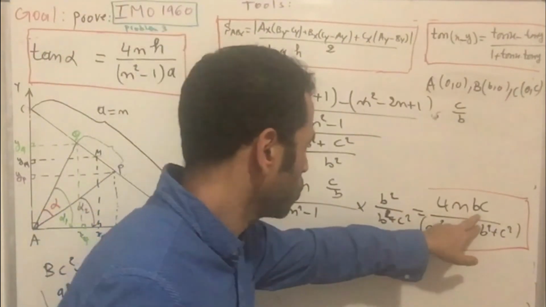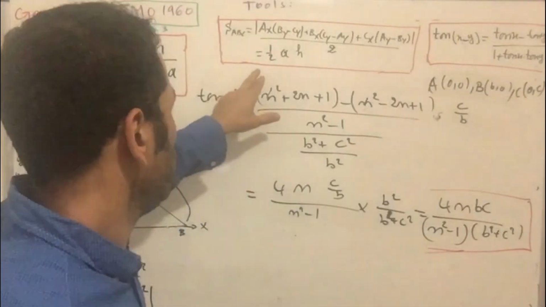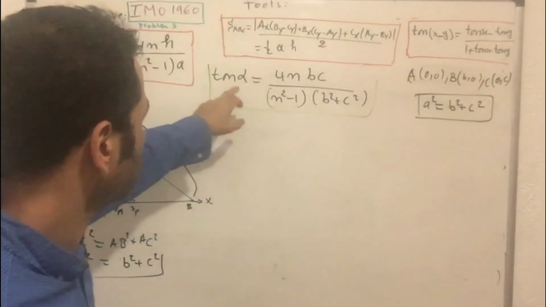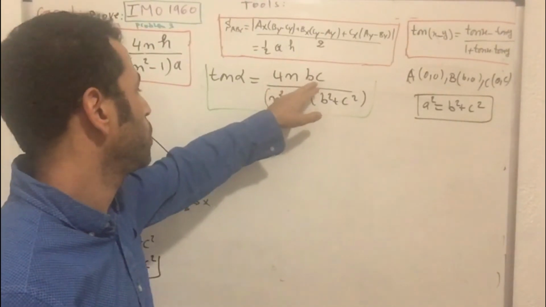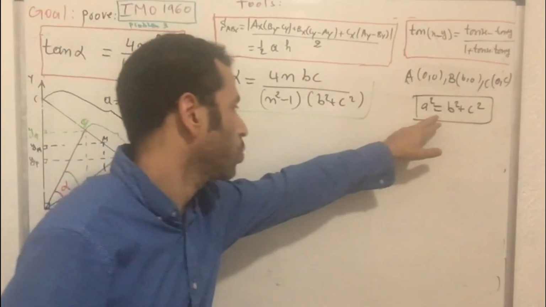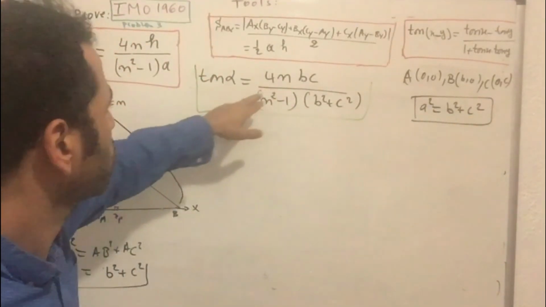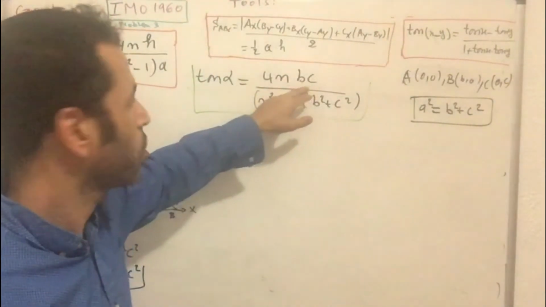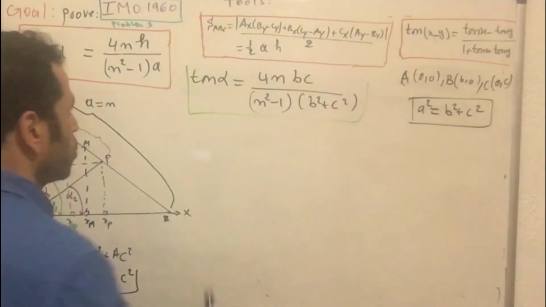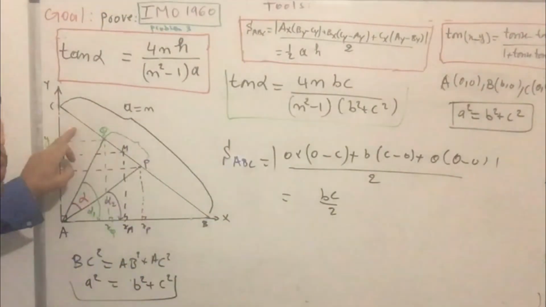Now I'm going to calculate BC. What is BC? I'm going to use the area of the triangle. In the last step I have this expression, tangent alpha equals 4n bc over (n square minus 1) multiplied by (b square plus c square). We already found this one. I'm going to plug this in here, and also calculate BC. I'm calculating the area of the triangle by using another method.